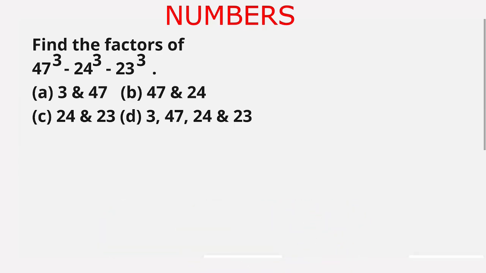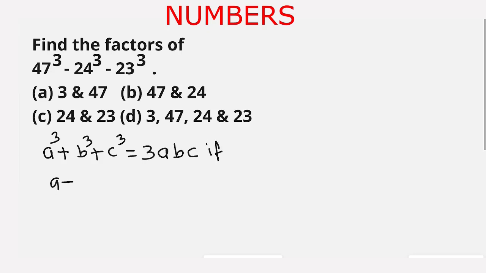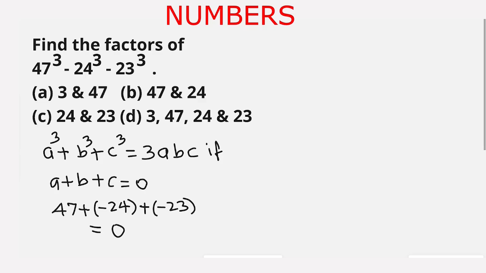We know the identity a cube plus b cube plus c cube equals 3abc if a plus b plus c equals 0. Here 47 is a, minus 24 is b, minus 23 is c, and this all equals 0 as 47 minus 24 minus 23 equals 0.